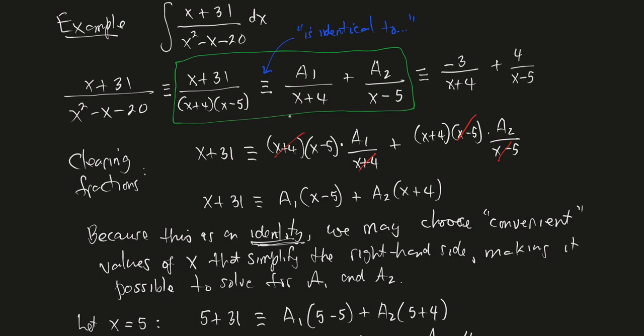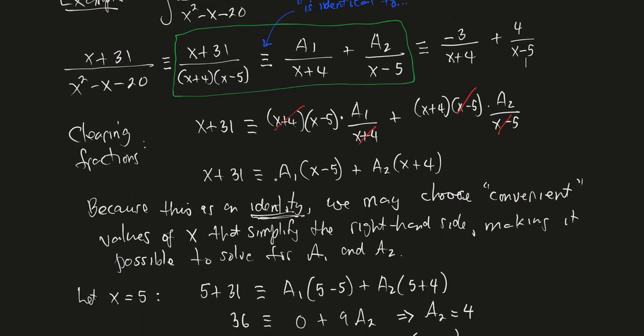So through this algebraic process, we're able to take this single rational function that happens to be proper, and write it as the sum of two simpler, but still rational, proper functions. So instead of one big fraction, now we have a sum to integrate. But a sum is much easier to integrate than a product or something complicated like this, because we can integrate it term by term.